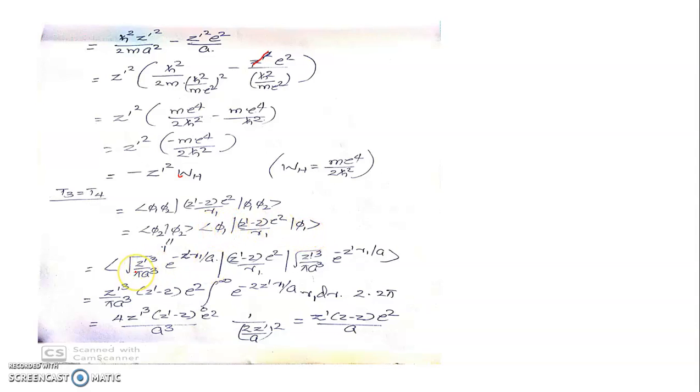Now we substitute for φ1 the square root of Z′³/πa³ e^(−Z′r1/a), in (Z′ minus Z) e²/r1. Here Z is without prime, that is the actual atomic number or nuclear charge of the helium nucleus. These constants are taken out of the bra space and ket space. The square root vanishes, Z′³/πa³, and (Z′ minus Z)e² is also constant, so it is taken out.